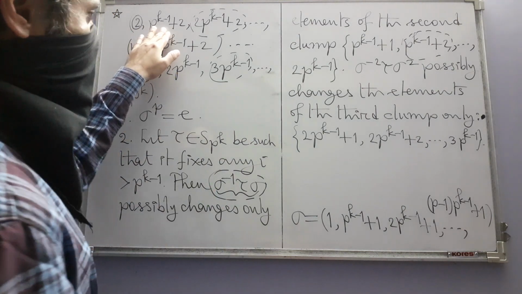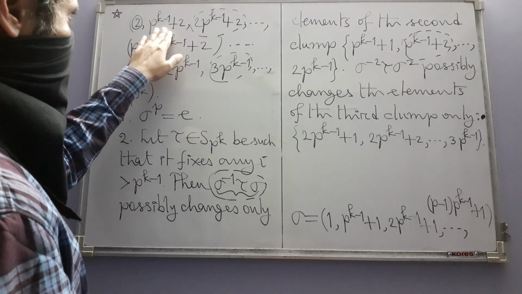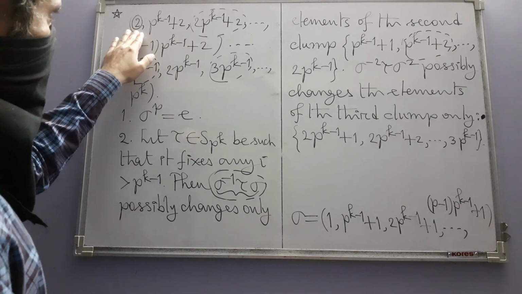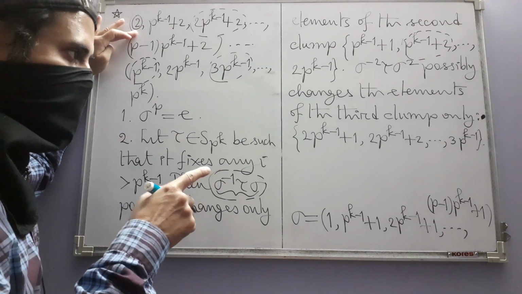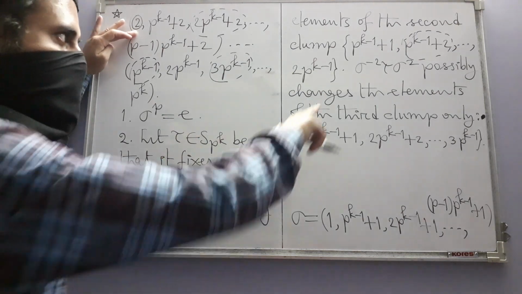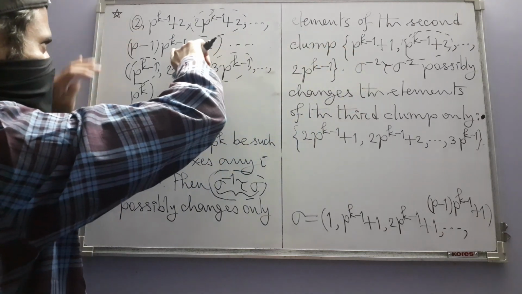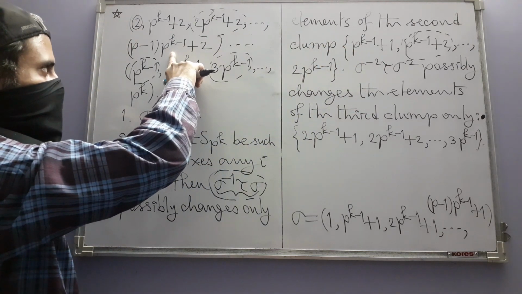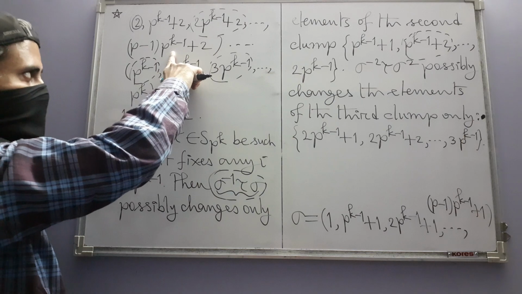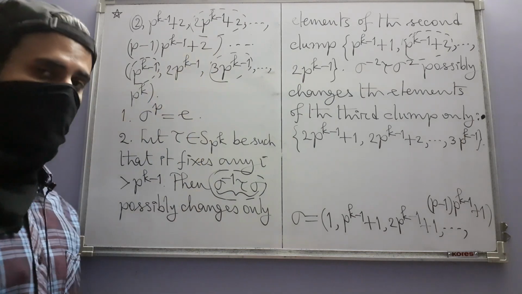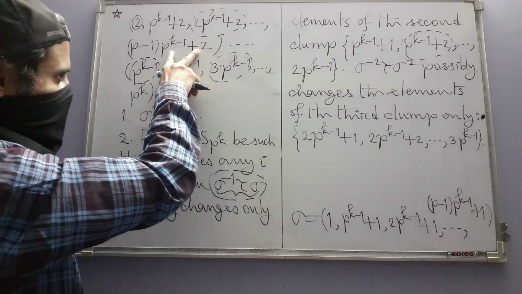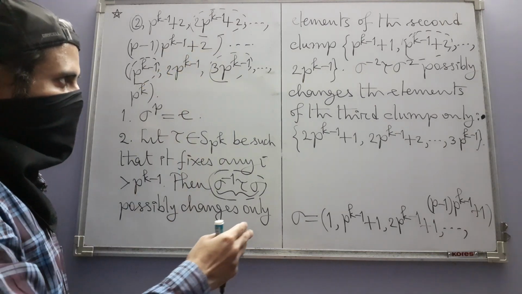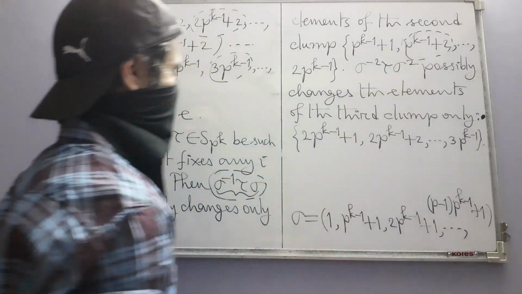So when we apply sigma inverse, it first gets changed to 2, and then on that 2 we are again going to apply another sigma inverse. So that comes here, and on this again, just like before, tau has no effect, so it stays the same under tau, and then we are going to apply sigma square to it.